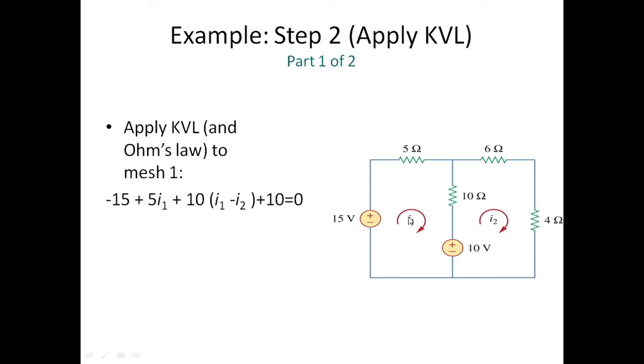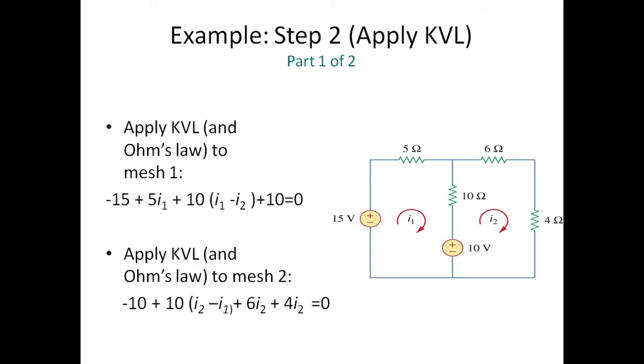Here this is I1 through 5 ohms, so 5 I1 is the voltage drop here, plus 10 into I1 is in downward direction and I2 is in upward direction here, so you take I1 minus I2, 10 into (I1 minus I2), and plus 10 volts equal to 0. This is the mesh equation for loop 1.